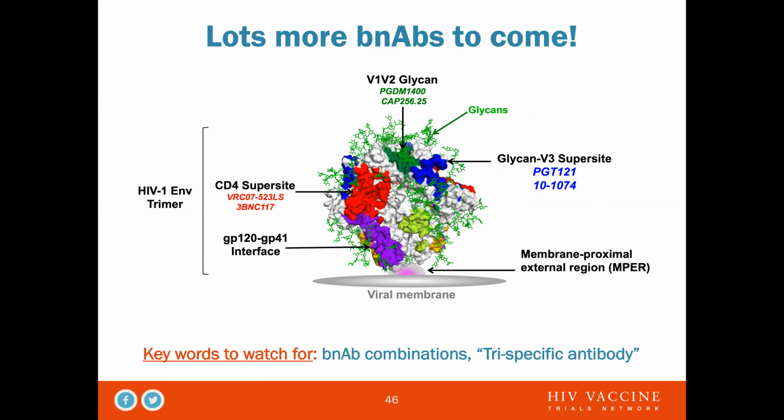So this is a really important slide, and it just really highlights the fact that there are different antibodies that we are looking at in different studies in order to determine other ways we might be able to neutralize HIV, with the goal of ultimately developing a vaccine that mimics this.